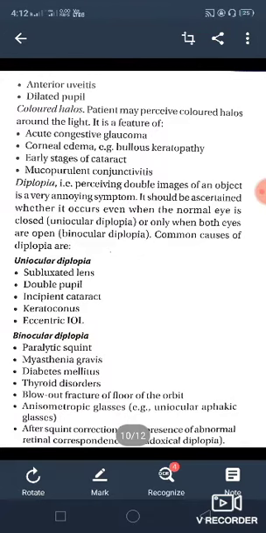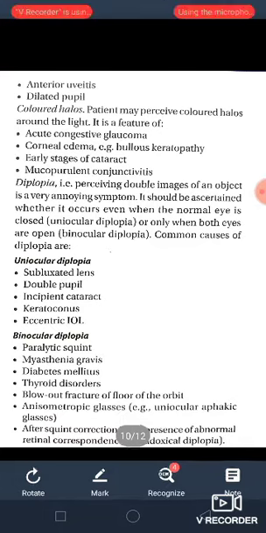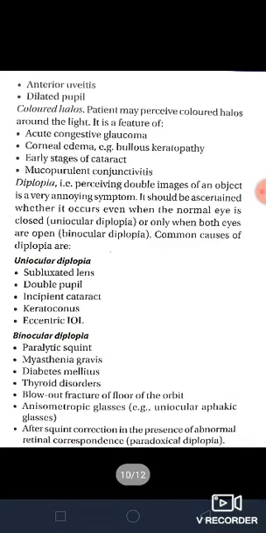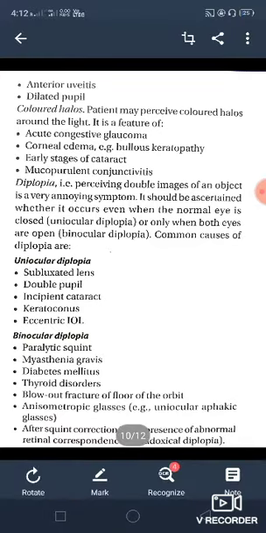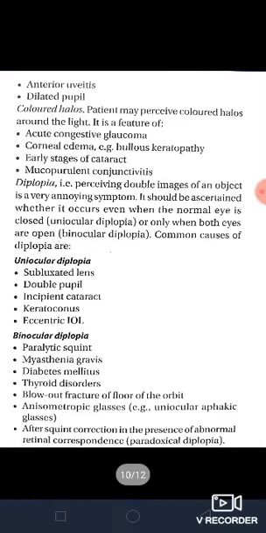The causes of binocular diplopia are paralytic squint, myasthenia gravis, diabetes mellitus, thyroid disorders, blowout fracture of the floor of the orbit, and anisometropic glasses. After squint correction, in the presence of abnormal retinal correspondence, paradoxical diplopia.